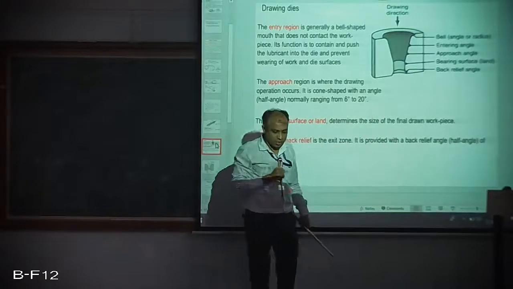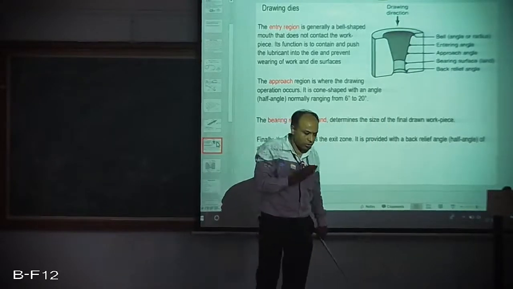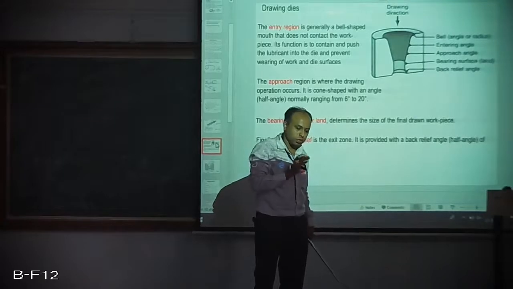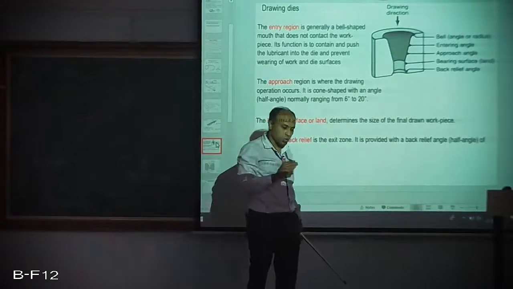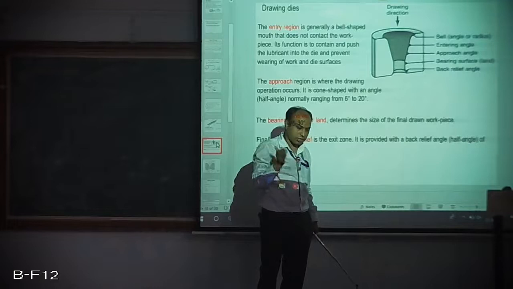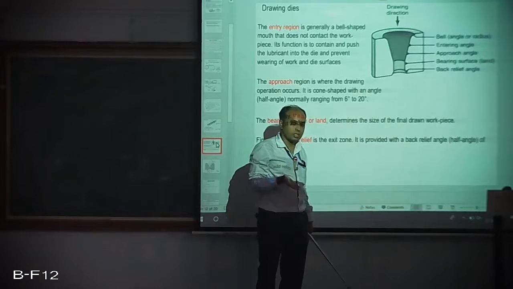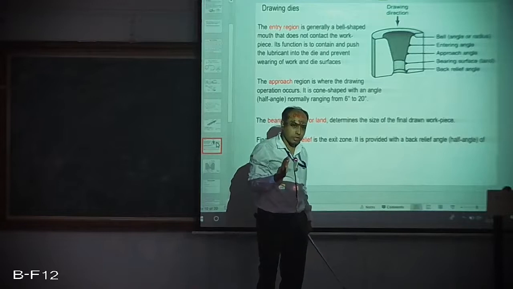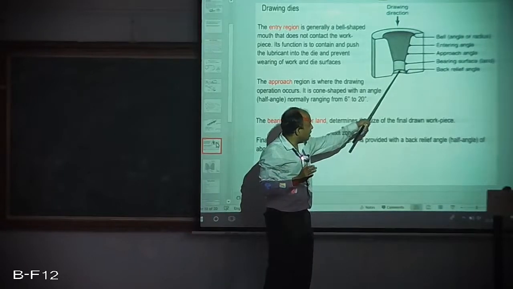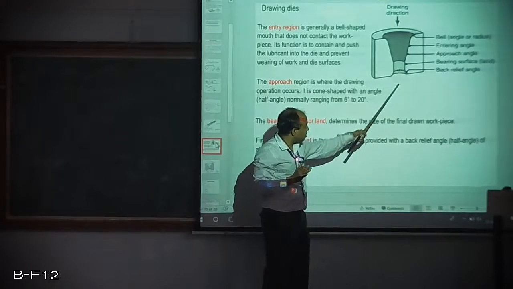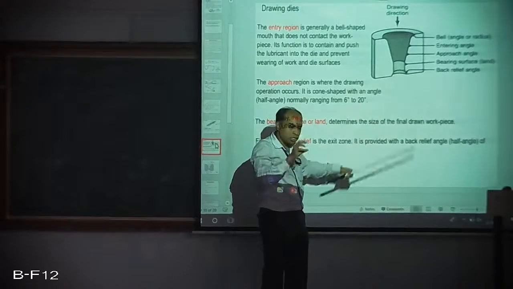Now the second thing: I am talking about plastic deformation in metal forming. But to go to the plastic region, I have to cross the elastic region, which means elastic deformation is there by default. So the moment I take the deformed product out, there will be some expansion.